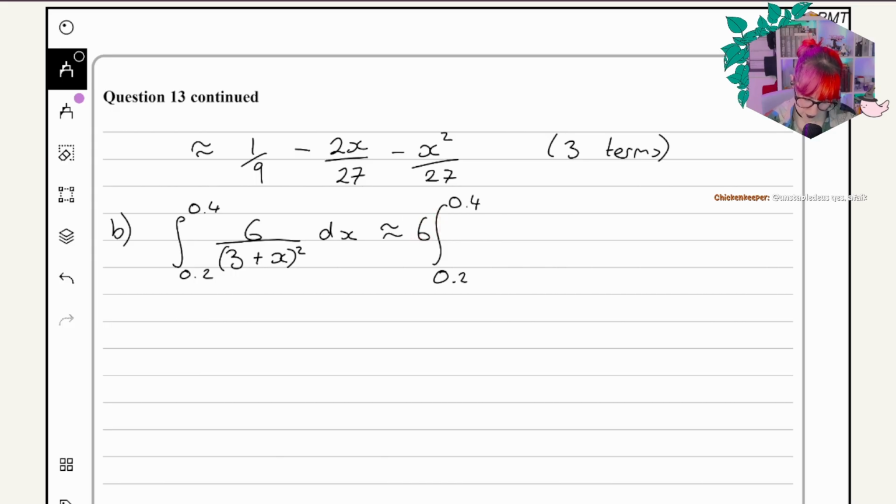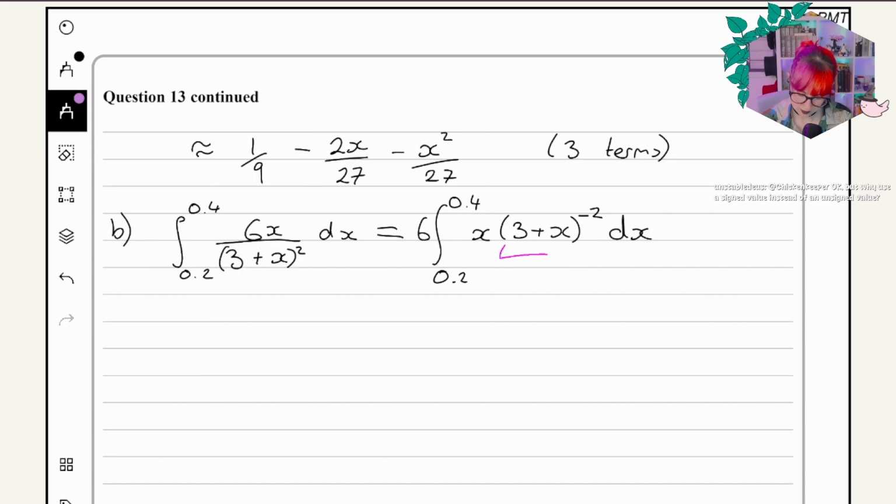I'll take the 6 out the front because I can. 6 times (3 + x)^(-2). Then I'm going to substitute for this expression here with this expression here and just plug them in.